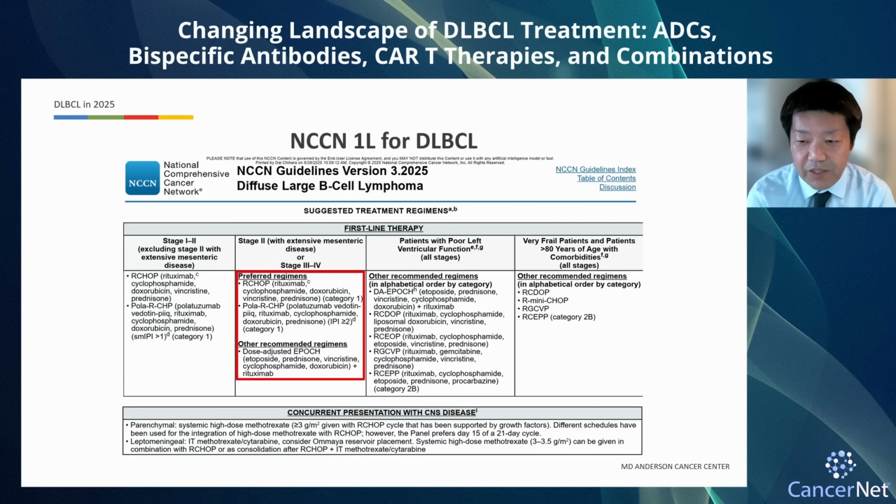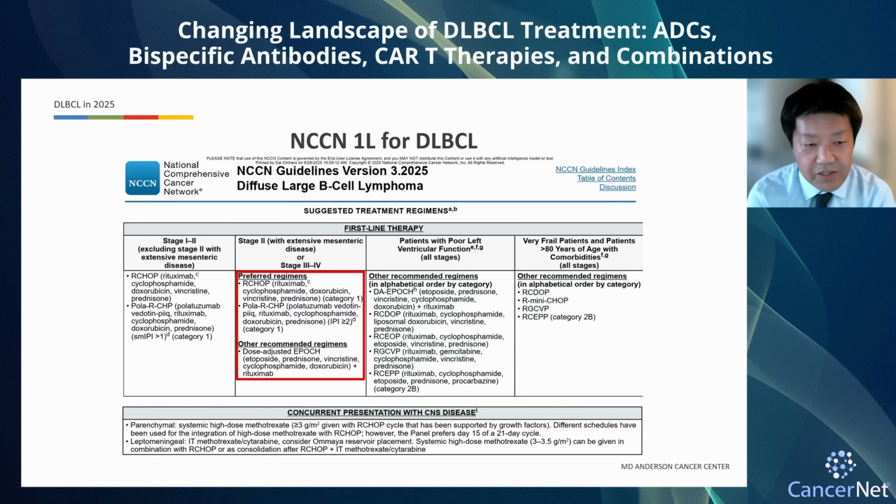I won't spend too much time on this slide, but it shows the current NCCN guideline, which lists three standard first-line treatment options for large cell lymphoma: R-CHOP, Pola-R-CHP, and dose-adjusted EPOCH-R as listed here. Although we don't yet have a definitive criteria or a biomarker to help us select one regimen over the other, in general about 65 to 70% of the patients are cured with first-line therapy.